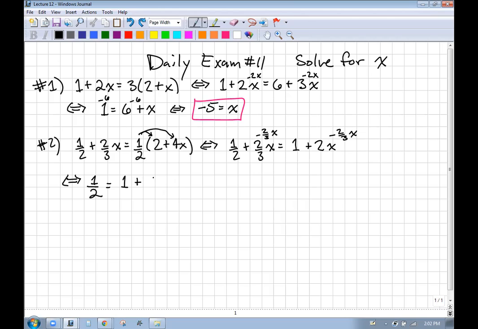I could write 2x as 6x over 3. Okay, so I just rewrote 2x as 6x over 3.